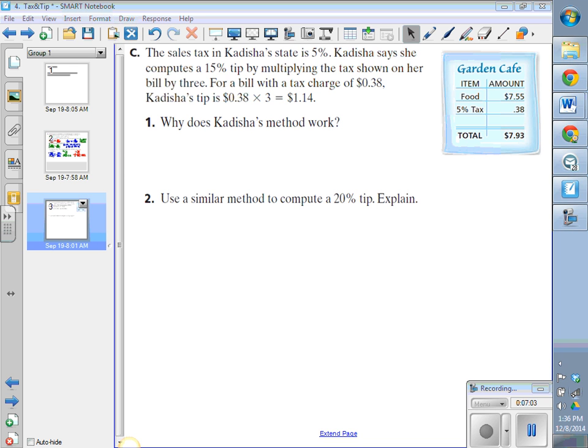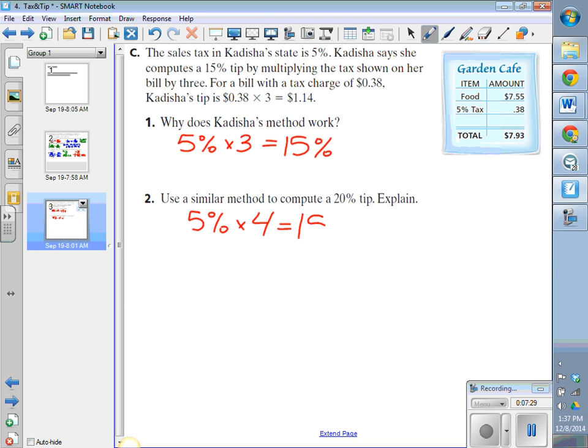So 5% times 3 is 15%, right? So that's why that works. If we wanted to do a 20% tip, we would do 5% times 4 to give us 20%.